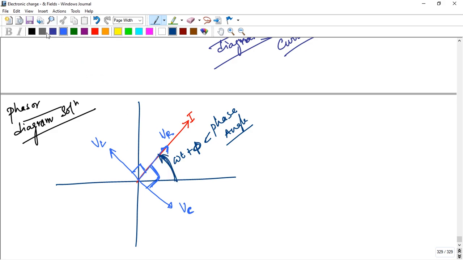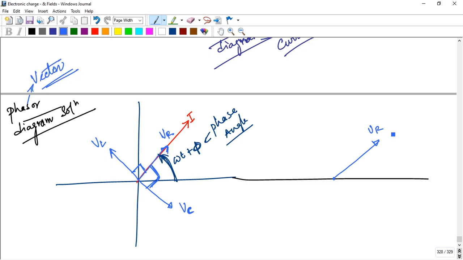Now I extend this. First we draw the voltage phasors. Phasors are vectors, you know that, so the direction is very important. Keep that in mind.